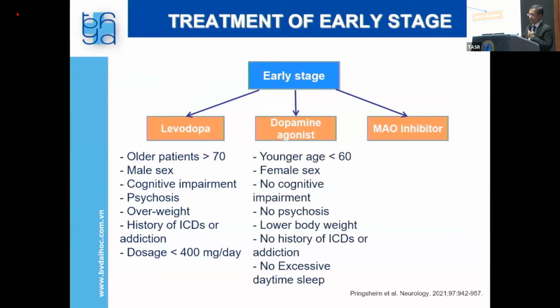With dopamine agonist, we can use it for patients younger than 60 years old, female sex, no cognitive impairment, no psychosis, lower body weight, no history of ICD or addiction, and no excessive daytime sleepiness. And MAO inhibitor, we can use for patients with mild motor symptoms.